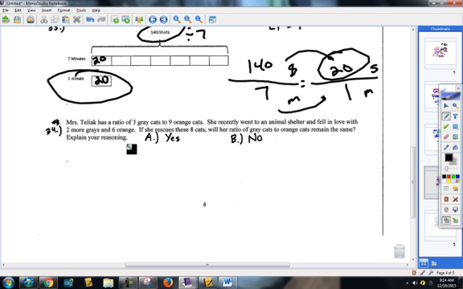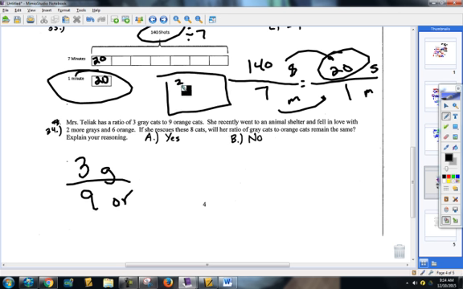So, let's start with the fake information. She has at home 3 grays to 9 orange cats. If you wanted to, you could do edge pieces. You could say, okay, that's 3 grays to 9 oranges, which means she has 12 total at home. Right? That's just getting the information out there that you know. That would just kind of get you thinking in the right direction.